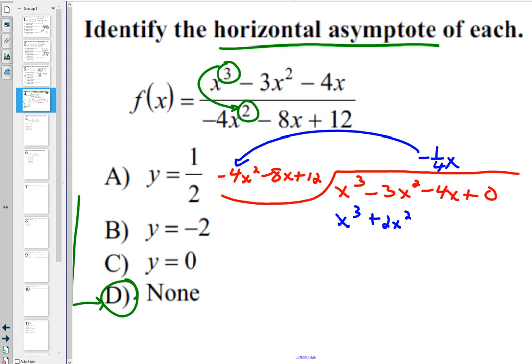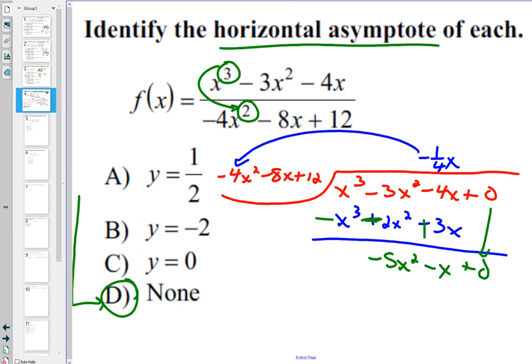Negative 1/4 times 12 is negative 3x. So then we have to change the signs. This becomes minus, this becomes minus, this becomes plus. So we get negative 5x squared minus x and plus 0.